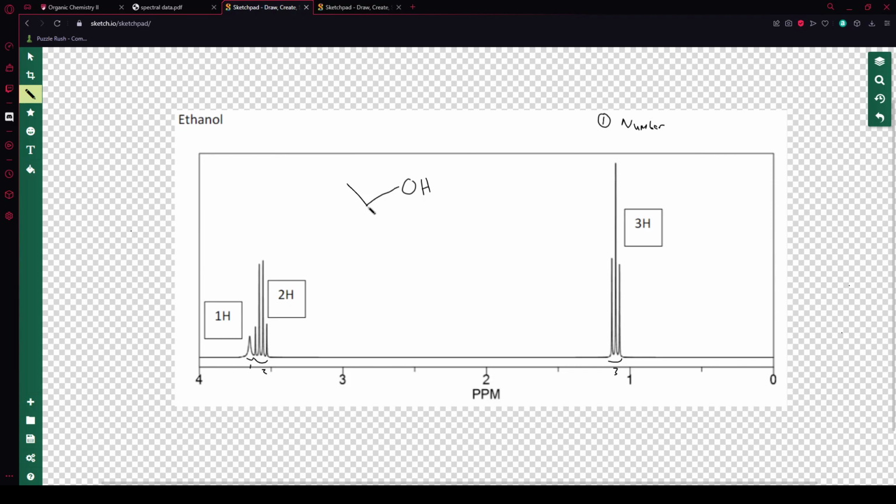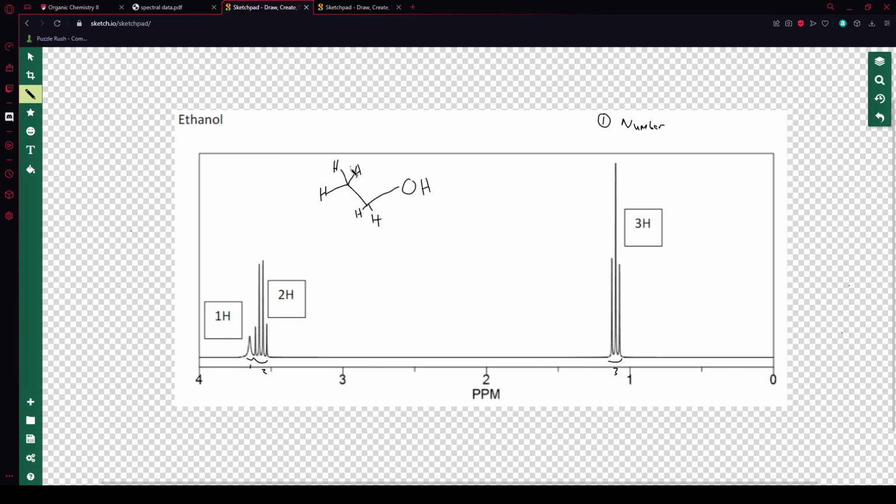So let's just add our hydrogens here to our ethanol, and hopefully you can see that these three hydrogens have the same connections. So they will appear the same on the NMR because in the molecule they are basically the same hydrogen, right?